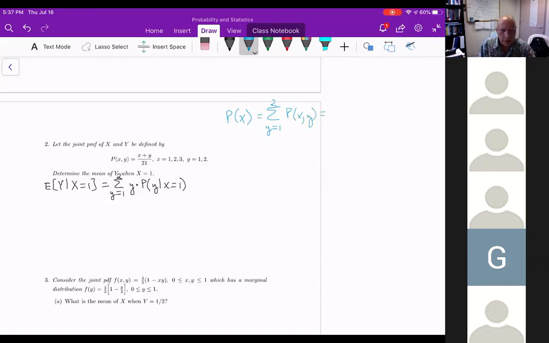And we may have found this in a previous lecture handout, but it's pretty quick to do over again. And so we have x plus y over 21 is our joint distribution. When y is 1, we have x plus 1. When y is 2, we have x plus 2. So that's going to give us 2x plus 3 over 21.